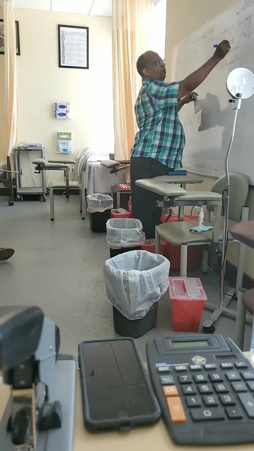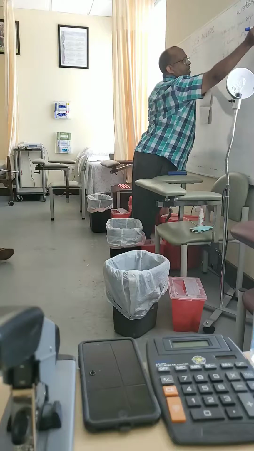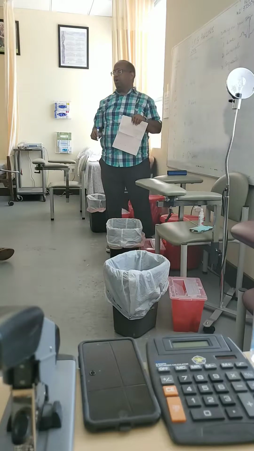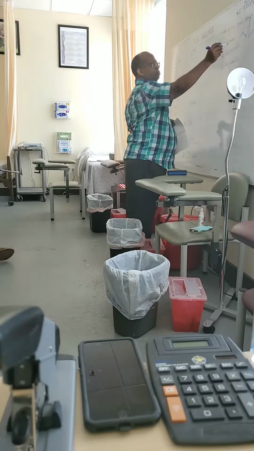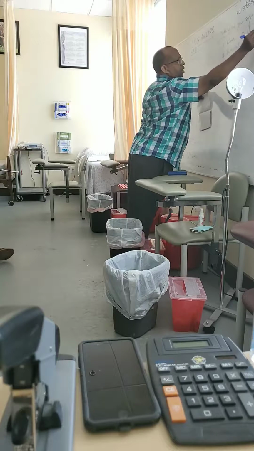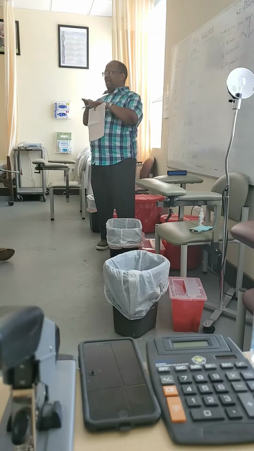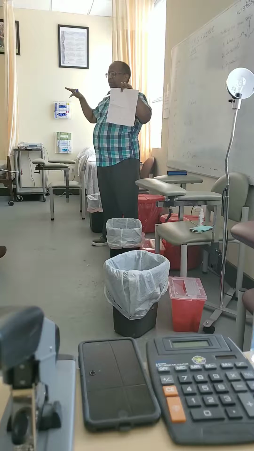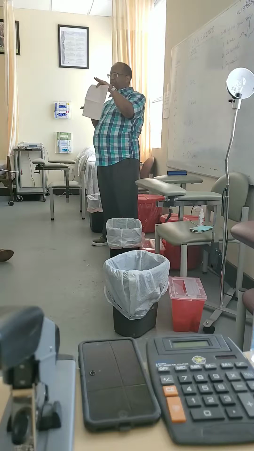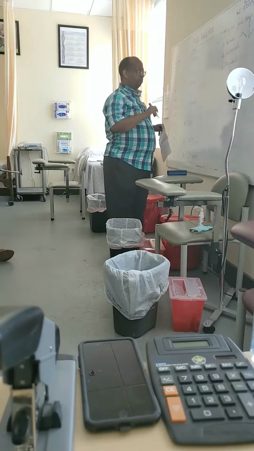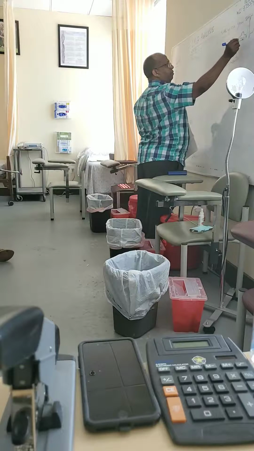The line where it starts going up and down is called the zero line, or the other name is the isoelectric line. The isoelectric line is the line where it is zero. There is no change, no deflection. When it's going up, it's called an upward or positive deflection.